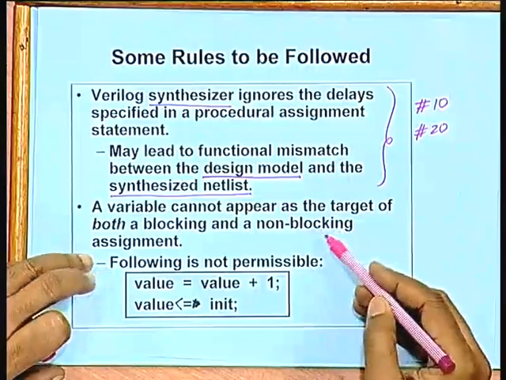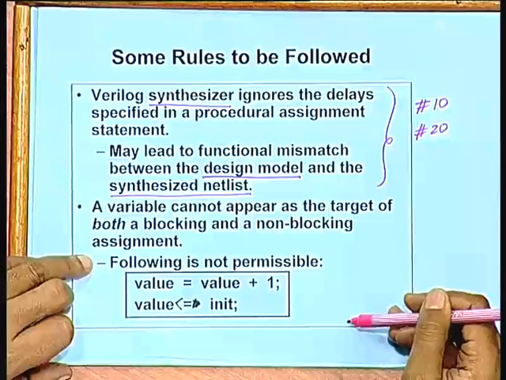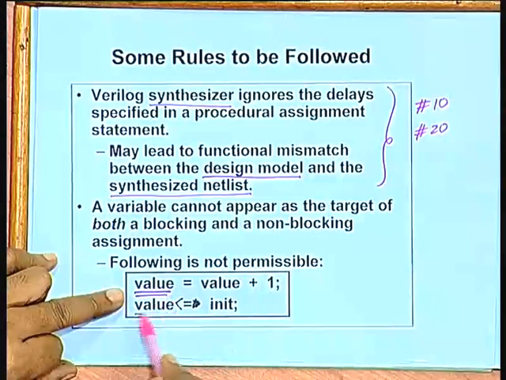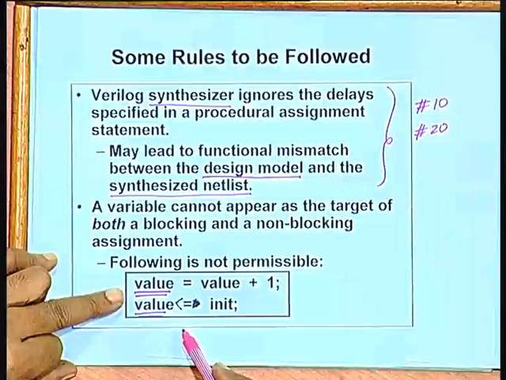Now, one of you was asking earlier if we can mix blocking and non-blocking assignments in the same always block. Yes, we can, but the only restriction is that we cannot use the same variable as the target for both. The semantics will be the same.